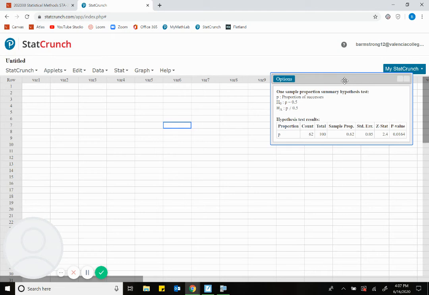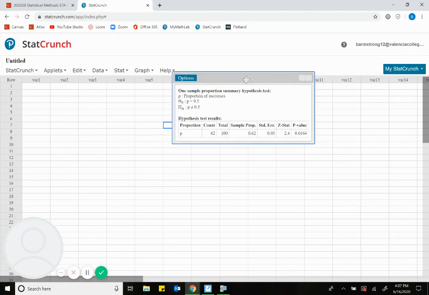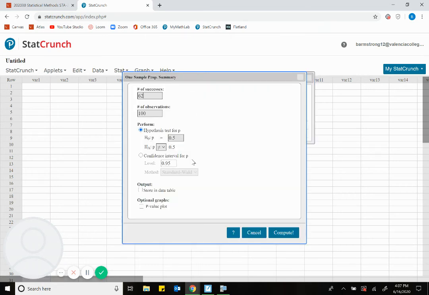And so right here, it doesn't give you a picture. So in this one, the calculator is probably a little bit better. But here's all of our information. Here's that significance level. I think that's our significance level. Or sorry, let's go back to edit. Let's double check that.